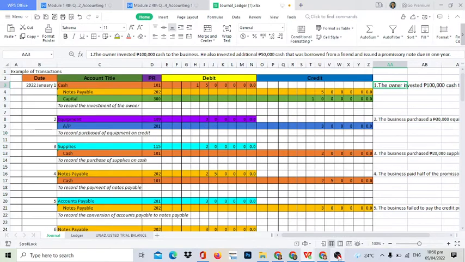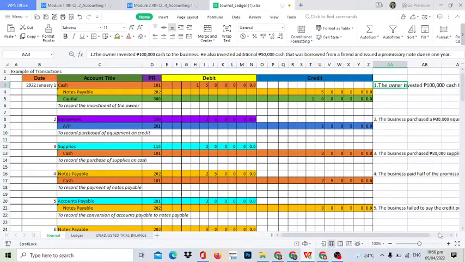So the account titles for January 1 are cash, which is 150,000 under debit, notes payable, 50,000, and capital 100,000 under credit. Then you have to indicate also the explanation. Okay, for transaction number 1, that's to record the investment of the owner.